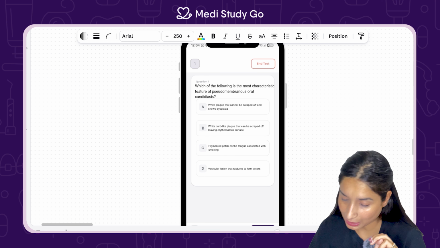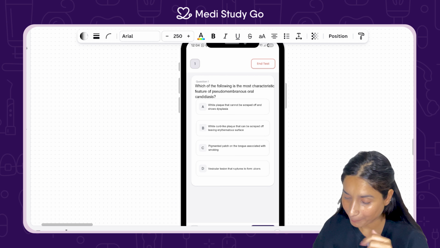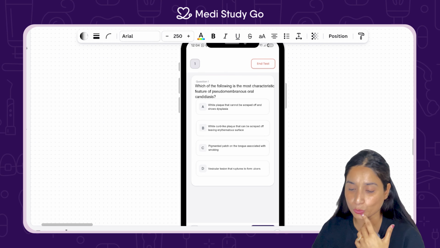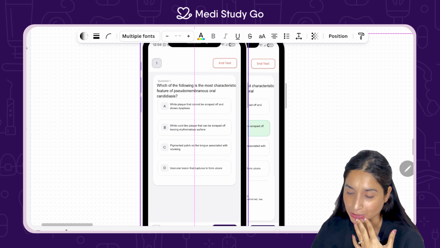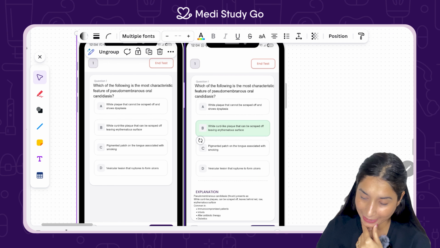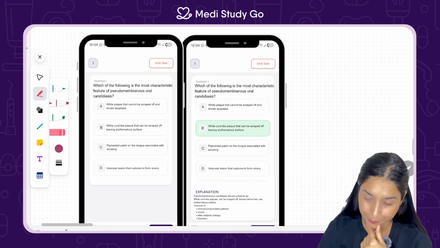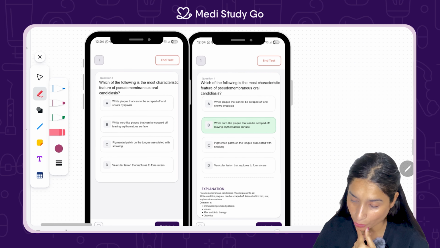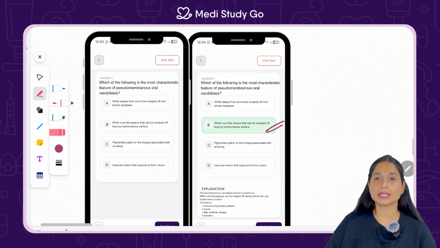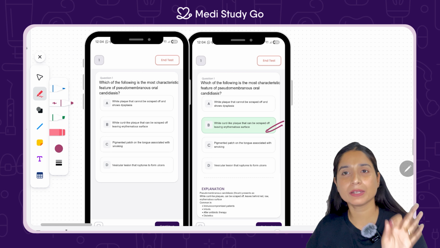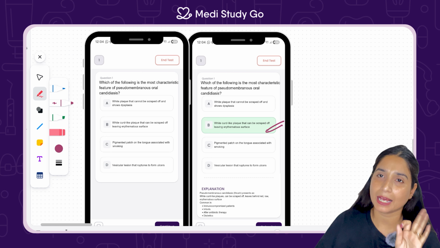White curd plaque that can be scraped off. Pigmented patch on the tongue associated with smoking. Or vascular lesion that ruptures to form an ulcer. So the correct answer is white curd-like plaque that can be scraped off, leaving an erythematous surface, as we have studied all the clinical features and manifestations of pseudomembranous candidiasis.